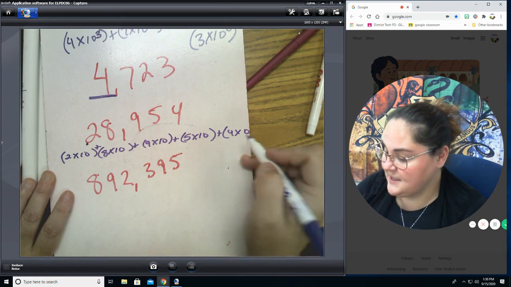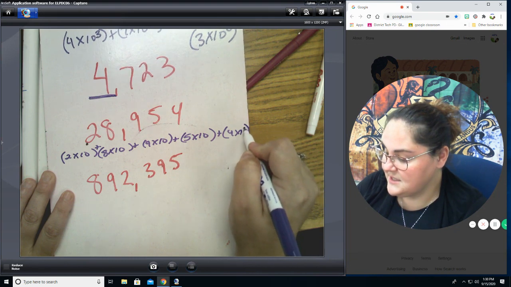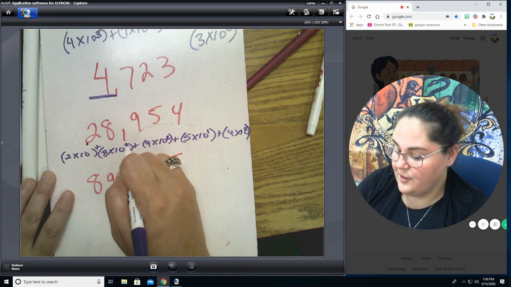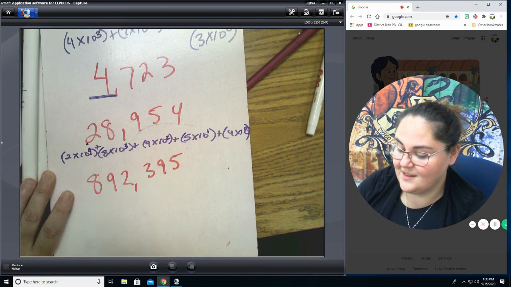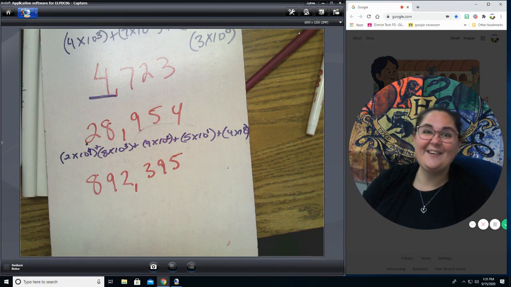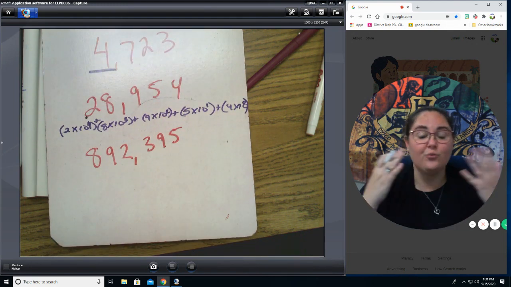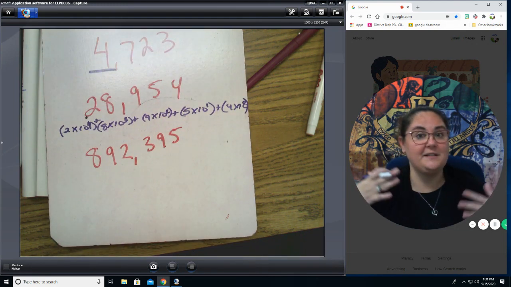Again, I start with my 0. So 10 to the 0, 10 to the first, second, third, and fourth. That's how you do expanded form with your powers of 10. Great way to do it quickly.